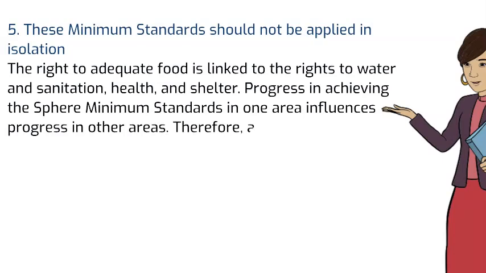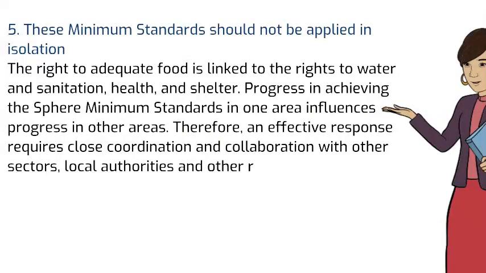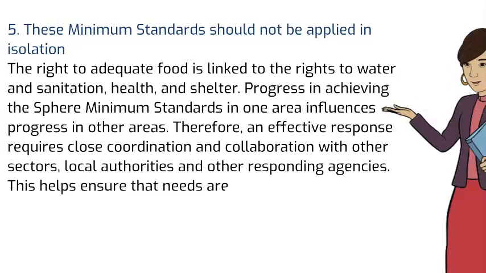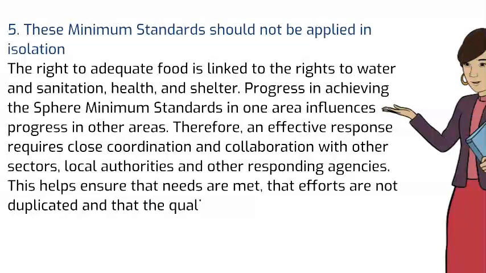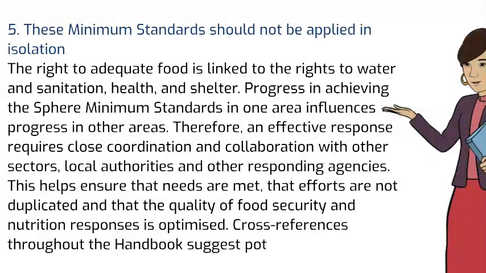Therefore, an effective response requires close coordination and collaboration with other sectors, local authorities, and other responding agencies. This helps ensure that needs are met, that efforts are not duplicated, and that the quality of food security and nutrition responses is optimized. Cross-references throughout the handbook suggest potential linkages.